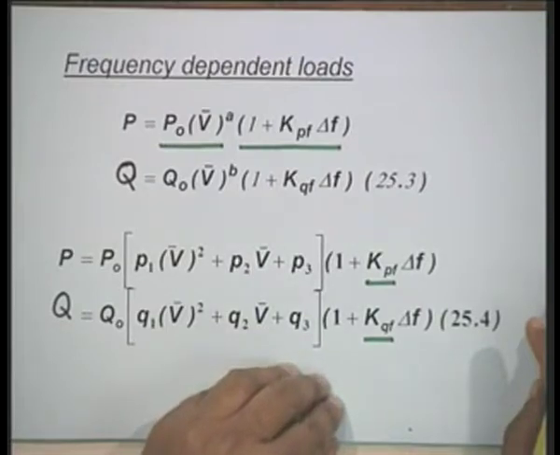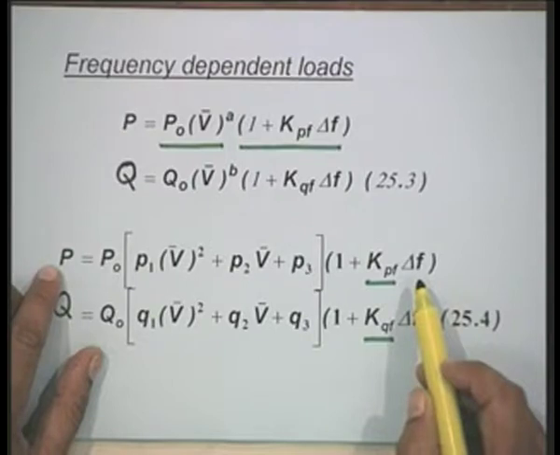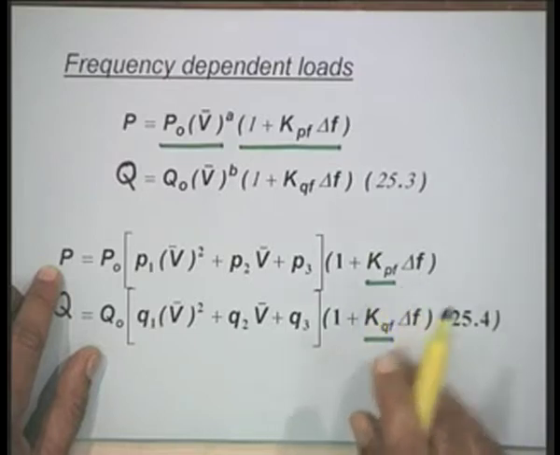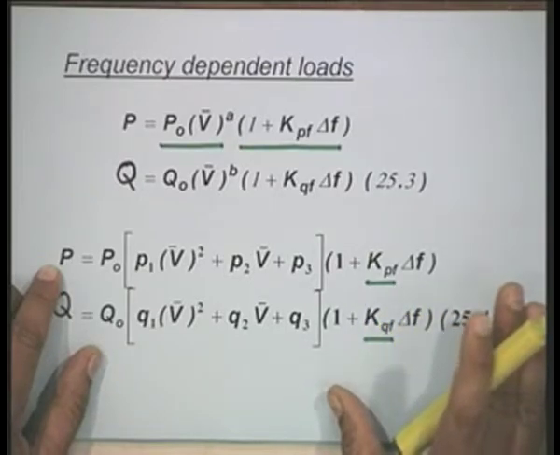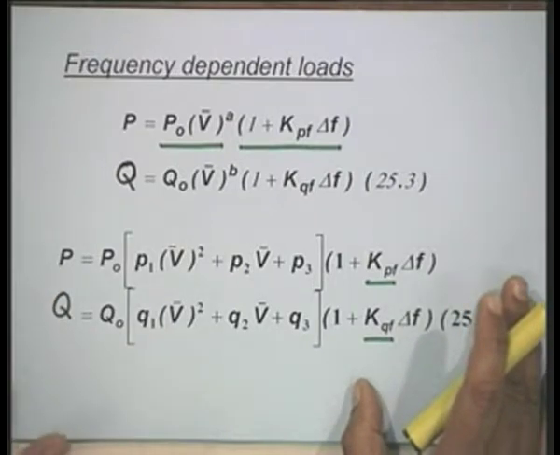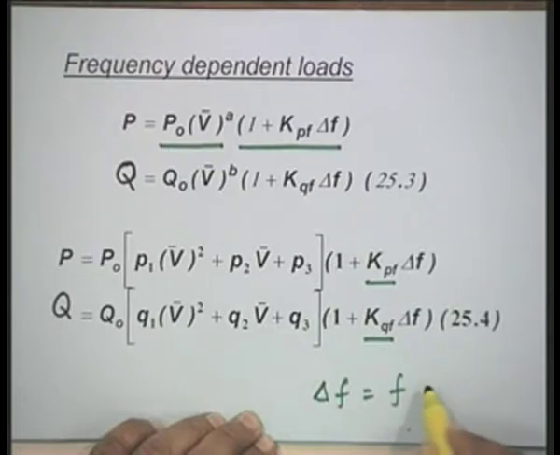So far as the real power consumed is concerned, as the frequency increases, the real power consumed increases, and therefore this Kpf will always be positive. Kpf is always positive, and delta f is defined as the actual frequency of the system minus the nominal frequency, f minus f naught.